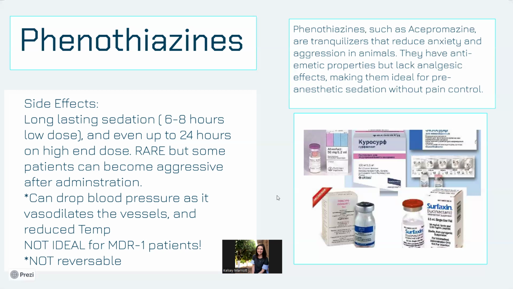When we talk about our different types of patients and if they're compromised or not, what systemic diseases do they have, this drug is not going to be ideal for our cardiac compromised patients, because this can already drop our blood pressure, as ACE actually vasodilates the blood vessels, and we can also see a reduction in temperature. So our older dogs aren't going to benefit from this either.